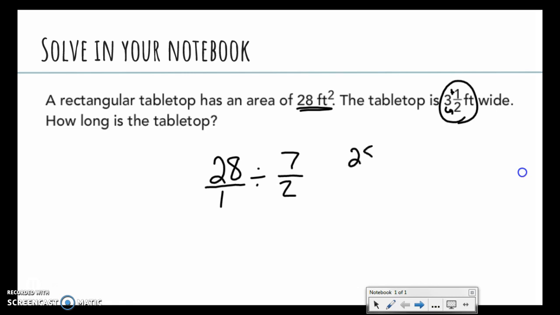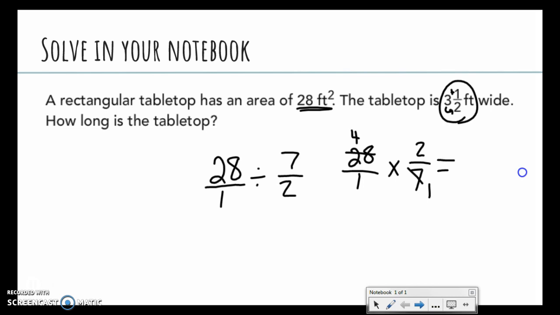You'll have 28 over 1. Okay, change, flip, remember guys. Change your sign. Flip your fraction. Okay, this is just a shortcut. We talked about this. So I like to cross reduce before I multiply to make it easier to multiply. So this will be turned into a 1 because 7 can go into 28 4 times.